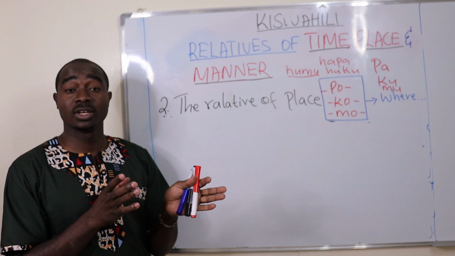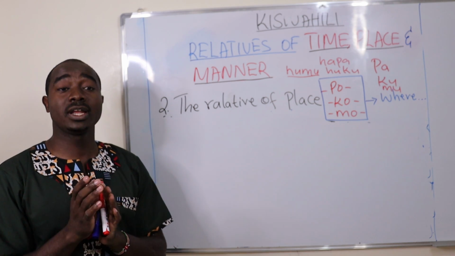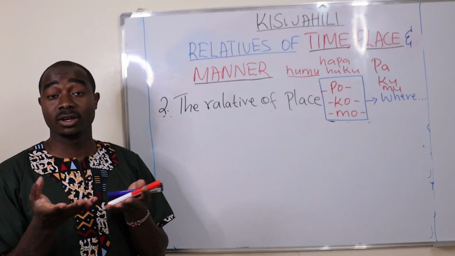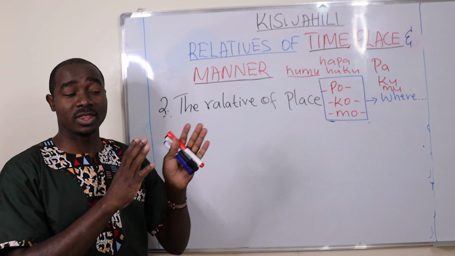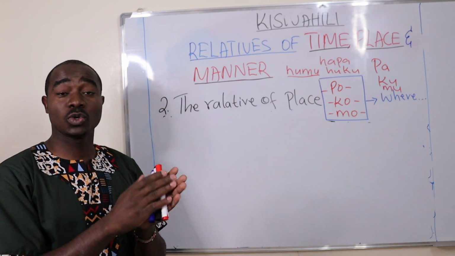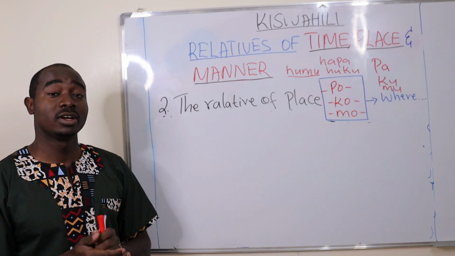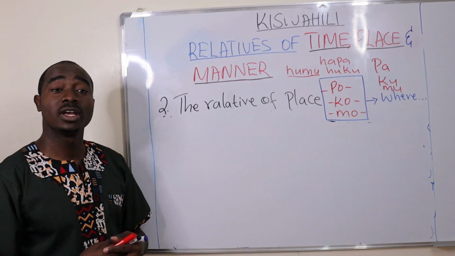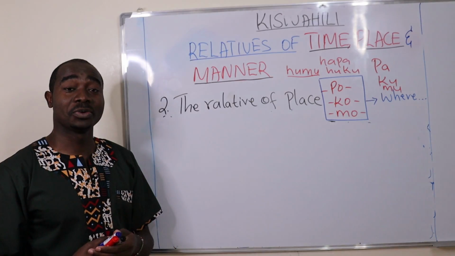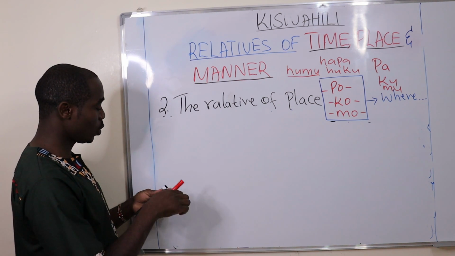Poems have their own rules. Swahili allows poems to break the grammar rules to satisfy their needs. Maybe the words should end with this one, so people break the rule and add something else. Mostly in songs, you see words that you don't even understand. Okay, so we have here mo.